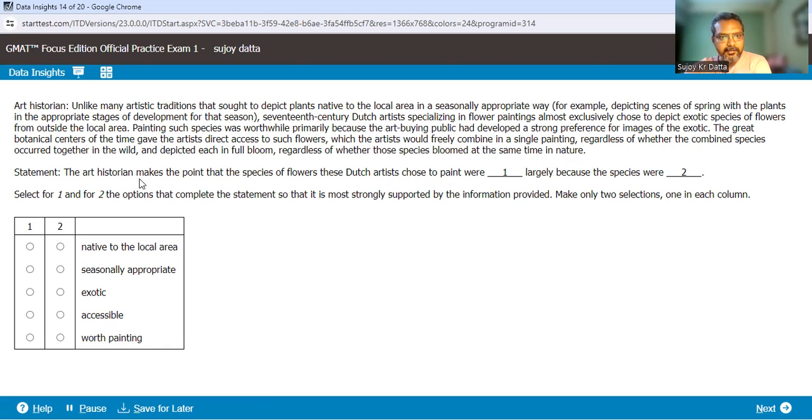The art historian makes the point that the species of flowers these Dutch artists chose to paint were exotic.